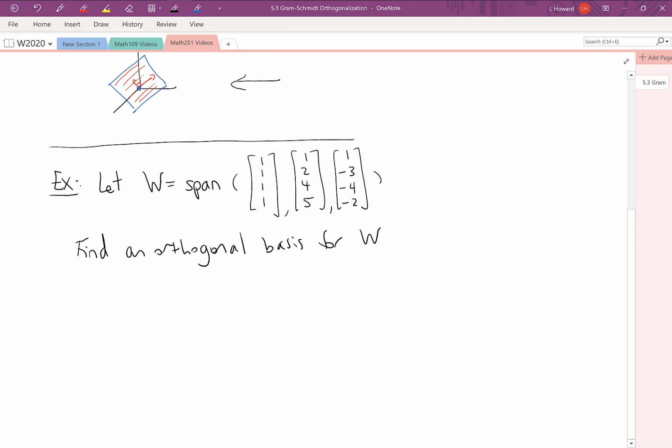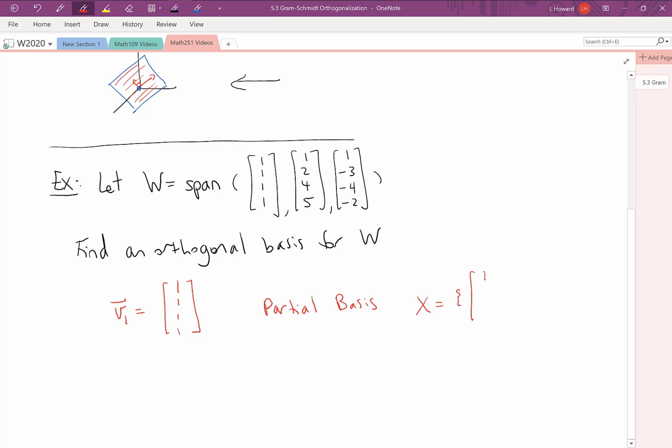All right, so this is how we go about the process. We're just going to take the first vector that we see listed in the span, and call that V1. So V1 is the vector 1, 1, 1, 1. At each stage, we are building a partial basis for W, and we're going to call that partial basis X, just to give it a quick name.